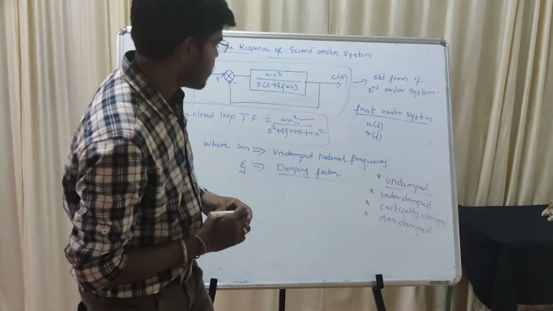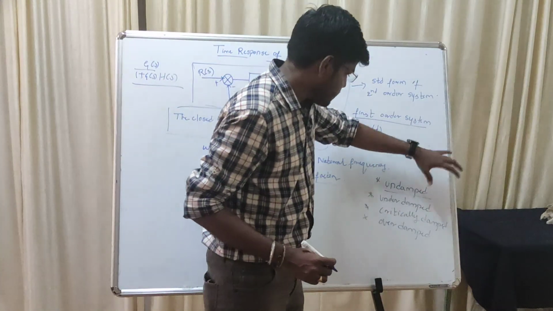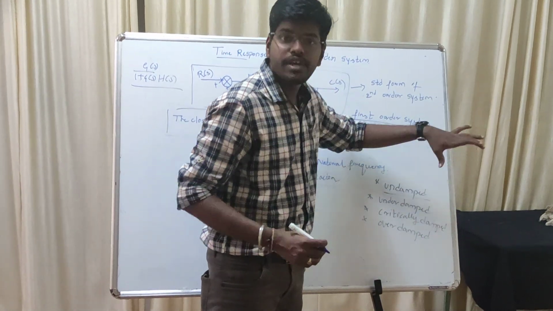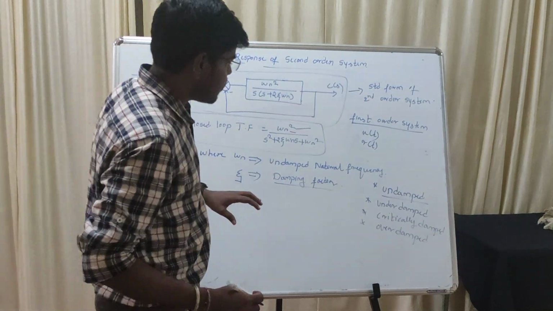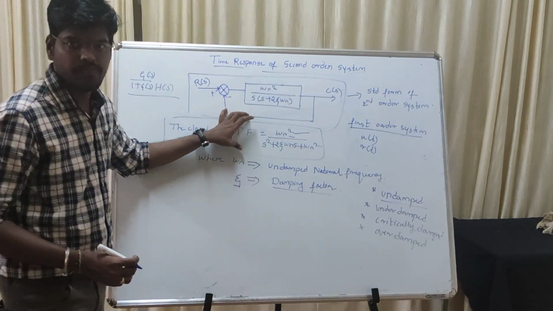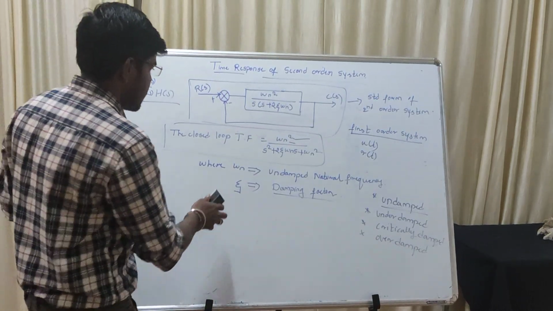The control system is classified into these four types in the second order system. So we'll see briefly these types of classifications with respect to the second order system. First, we'll see the undamped system.